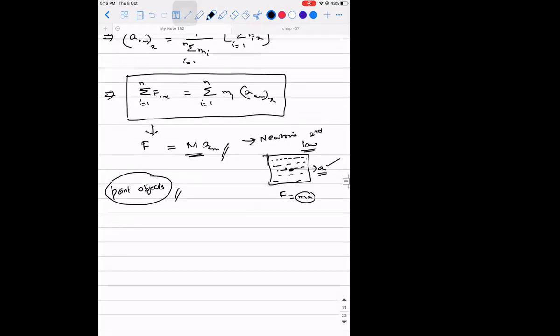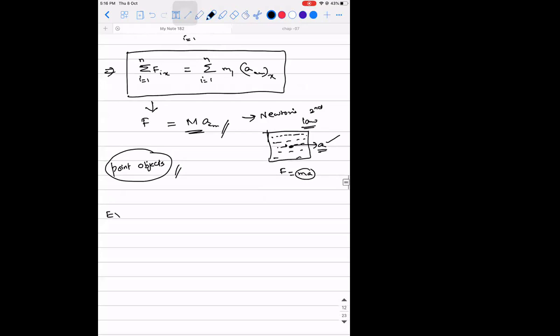Okay. Next is, what if you have extended objects? Extended objects in the sense, let's say you have a thin rod like this.